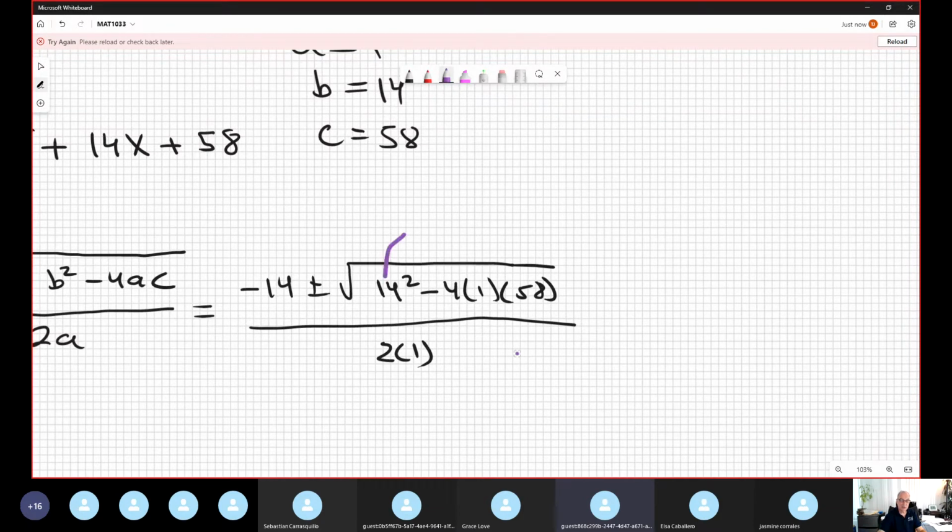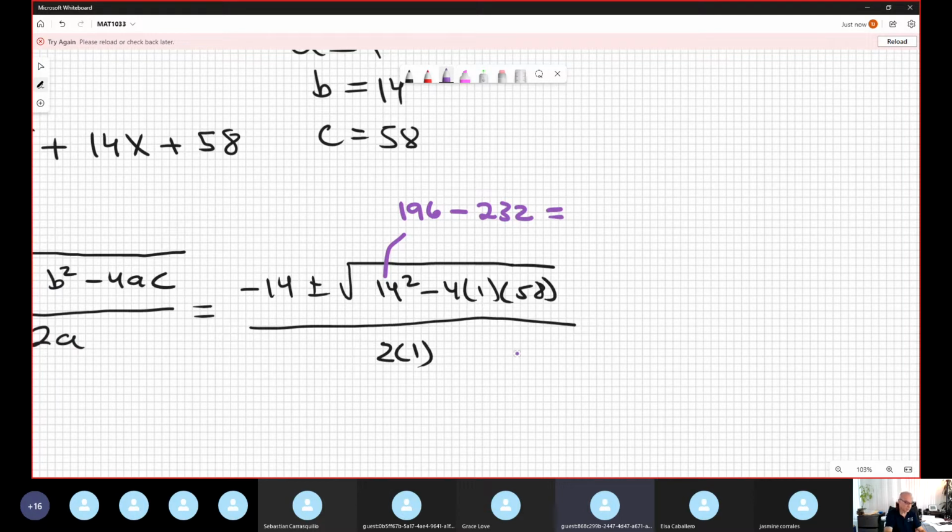Okay, 14 squared is 196. I remember something, but just in case I want to check in the calculator. 14 squared, bang, 196, minus something: 58 times 4, and times 1 gets invisible, it's 232.